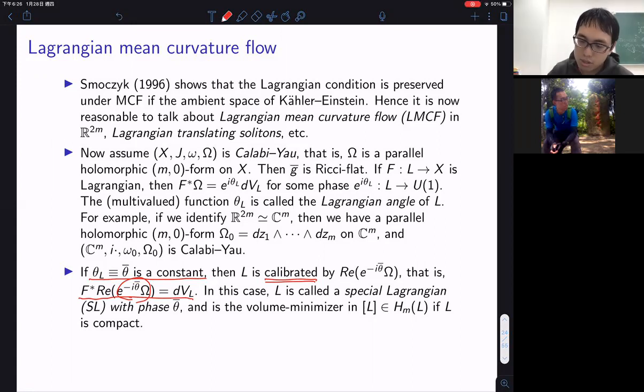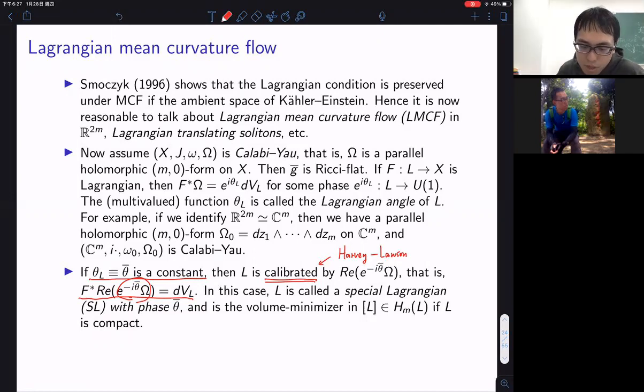This notion of calibration was invented by Harvey and Lawson. They used this notion to provide a tool to find minimal submanifolds.